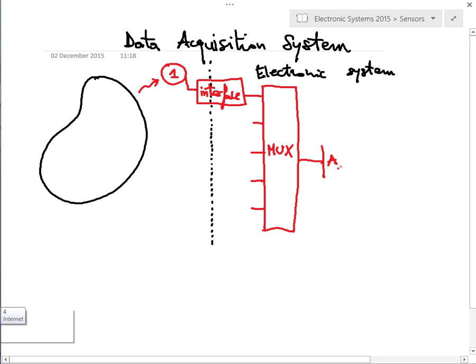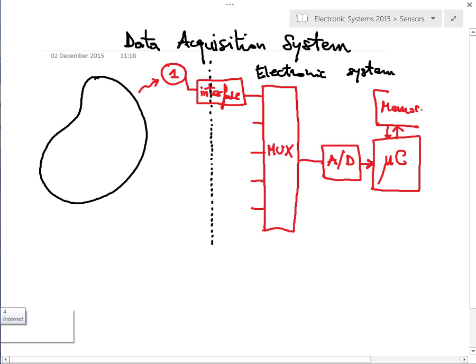Then at the output we might have an analog to digital converter, and then the data can be sent to the microcontroller, eventually to the memory, or to other peripheral systems.